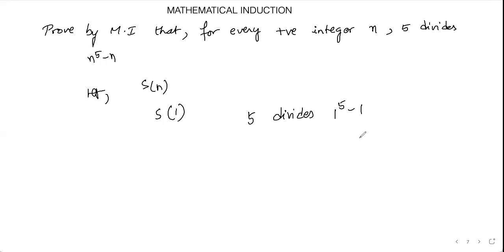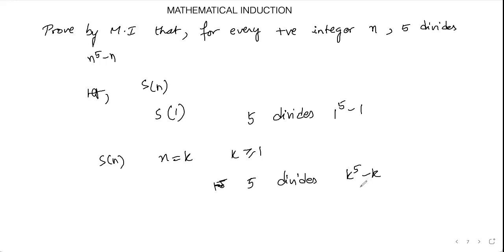Okay, so we assume that S(n) is true for n is equal to k, where k is greater than or equal to 1. That is, we assume that for k greater than or equal to 1, 5 divides k to the power 5 minus k.